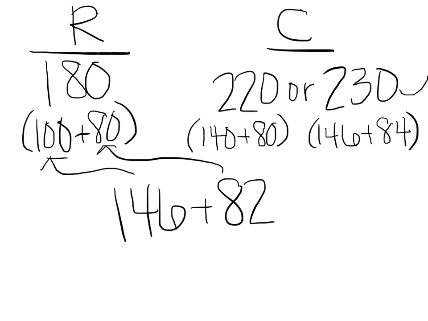That might not be my best estimate because that's a lot of numbers that I had to take away. In my compatible one, 146 became 140, which is a difference of 6, and 82 became 80, which is a difference of 2. In my last example, 146 stayed the same, and to 82 I just added 2. So that's probably my closest estimate.